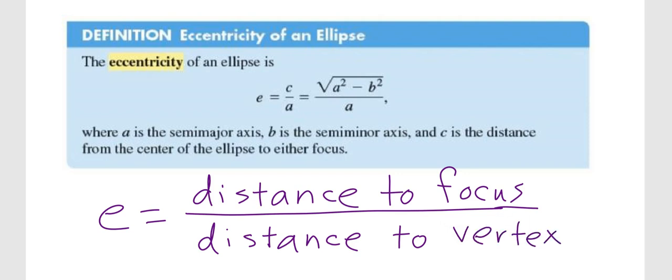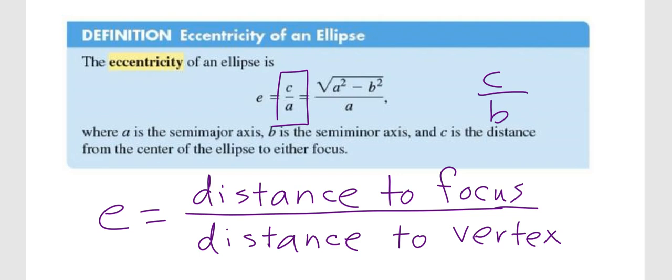Now, I spelled it out for you in that way for a very particular reason. Do not get hung up on this definition, C over A, because it could be C over B. Now you're saying, well, why could it be either one of those?